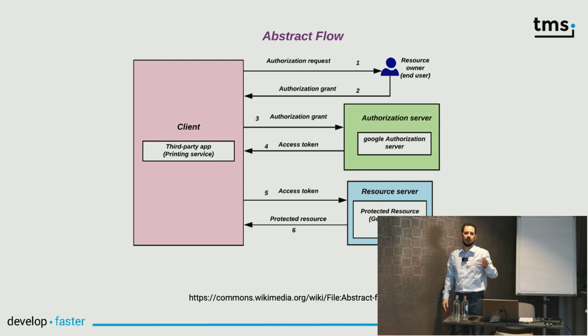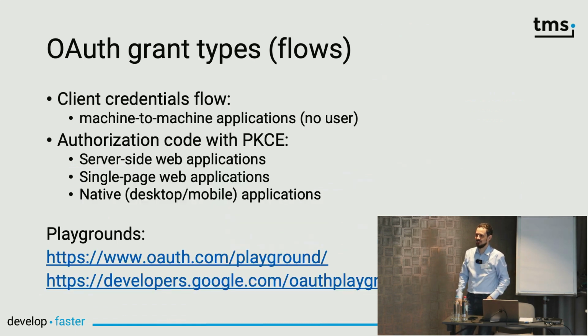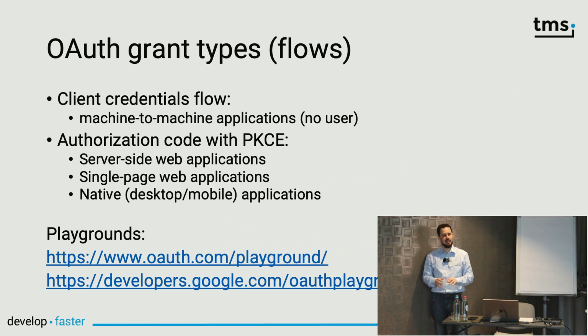So if you have applications A, B, and C accessing your Dropbox files, each of them will have a different token, and they will not be using your username and password. Okay? Any questions so far? And this OAuth process has different flows.